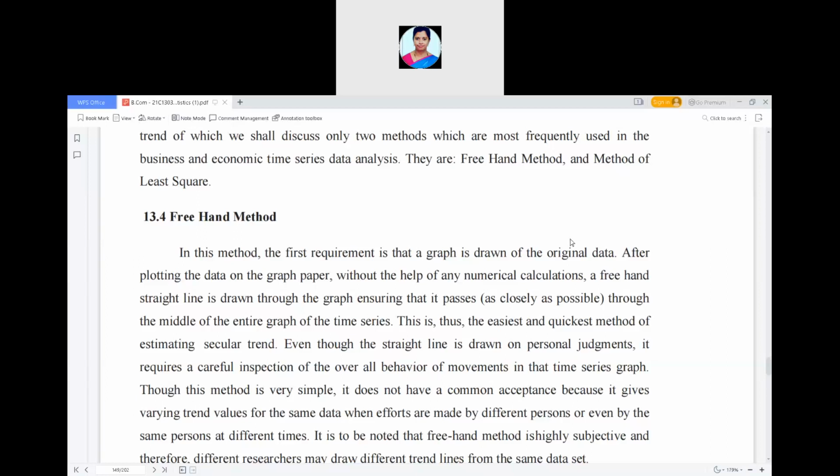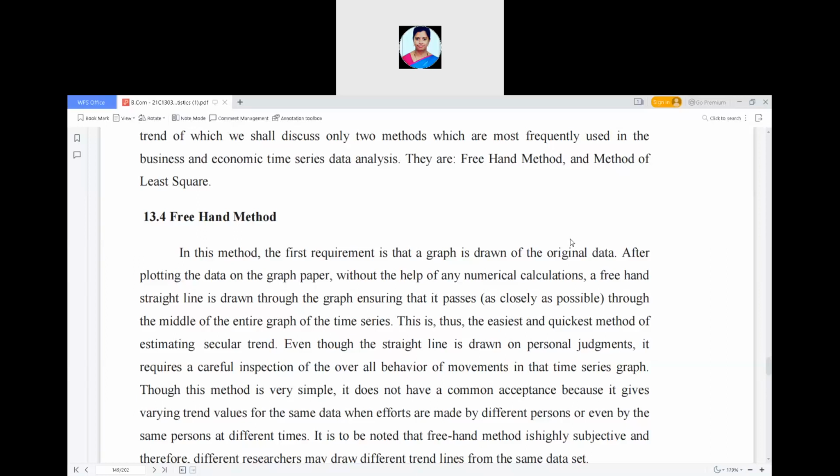In this method, there is no formal statistical criterion whereby the adequacy of such a line can be judged, and it all depends upon the judgment of the statistician.